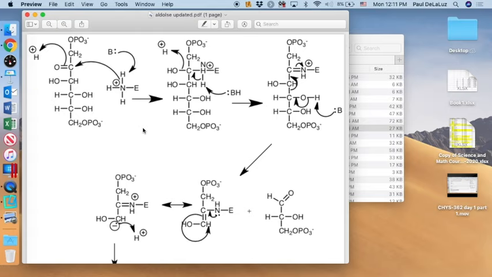Then the nitrogen in the middle gets deprotonated. It gets fixed in the third step to create that double bond, and the hydroxide leaves. So what happens is, instead of being a carbon double bonded to an oxygen, it's a carbon double bonded to a nitrogen that has a positive charge on it attached to the enzyme.